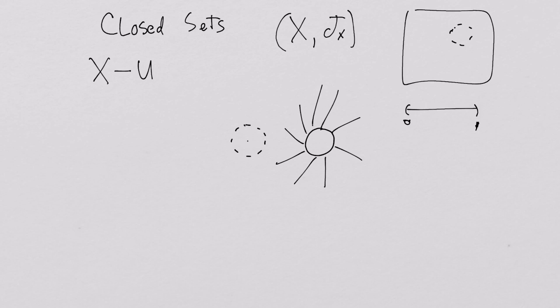A single point would be a closed set as well, because the complement of a single point is the entire plane minus the point, and that set certainly is open.